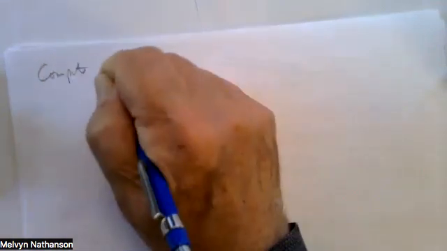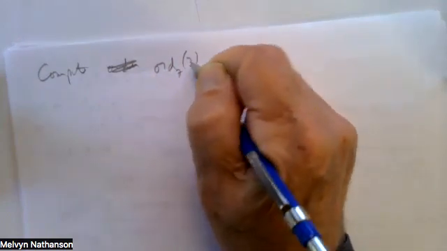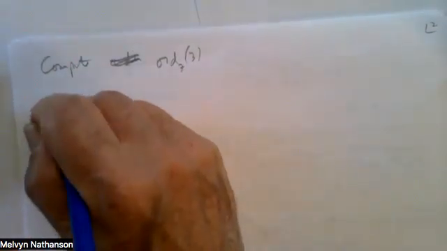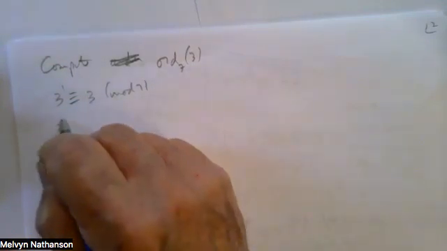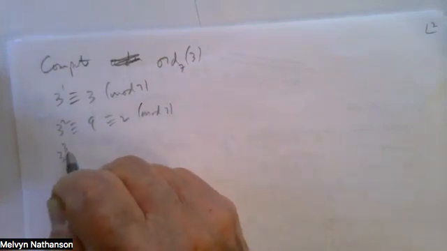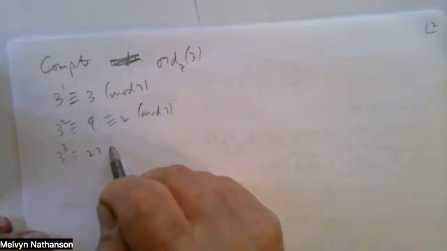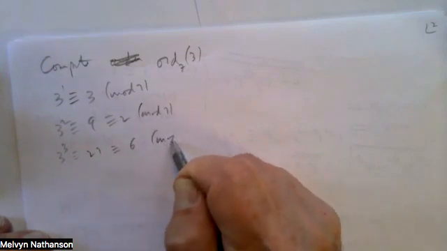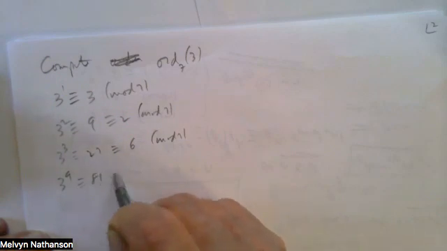Now compute the order of 3 mod 7. So we have to take powers of 3. 3 to the first power is congruent to 3 mod 7. 3 squared is 9, which is 2 mod 7. 3 cubed is 27, which is 6 mod 7. 3 to the fourth is 81.